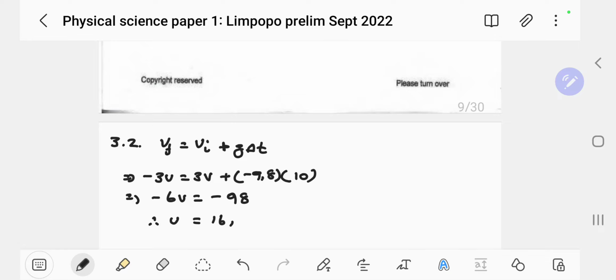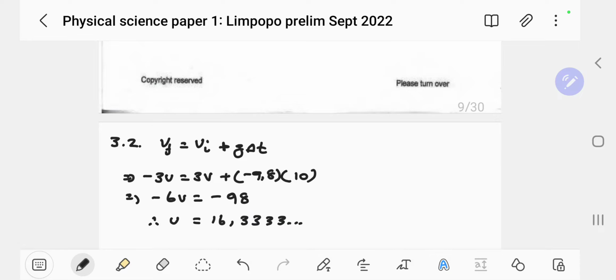Here it's very dangerous to round off too soon, so maybe leave it at 16,3333, because this is an intermediate step. They didn't ask us that question, so we have to think about it.